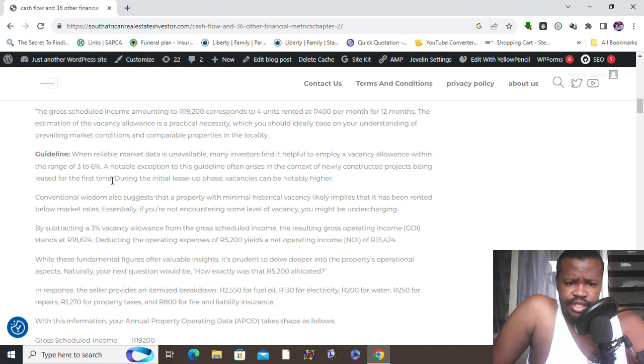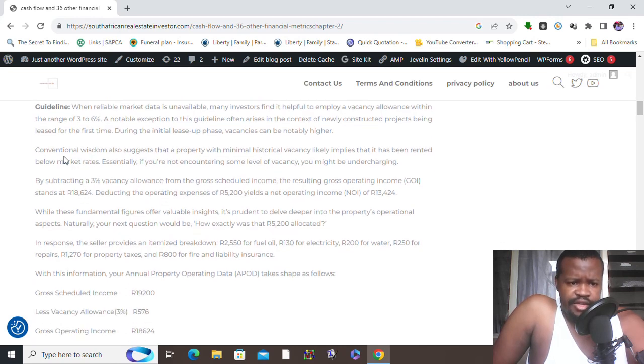During the initial lease up phase, vacancies can be notably higher. Conventional wisdom also suggests that a property with minimal historical vacancy likely implies that it has been rented below market rates. Essentially, if you're not encountering some level of vacancy, you might be undercharging.